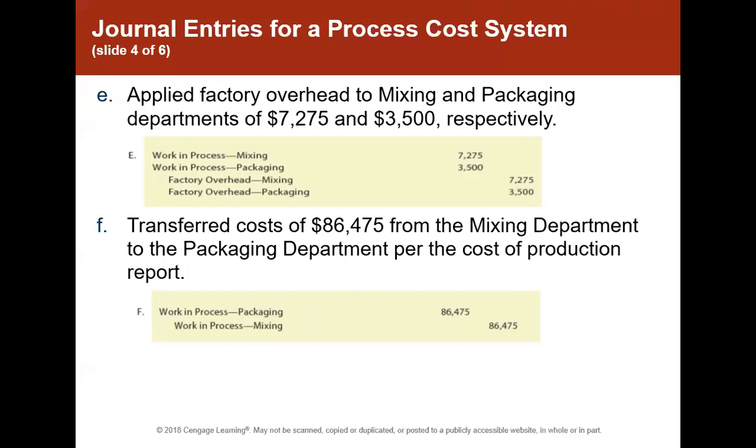And then F, when we transfer from one department to the next, so work in process packaging gets debited, work in process mixing gets credited. The 86,475 was finished in mixing, so it was credited out and debited or transferred to packaging. Okay.